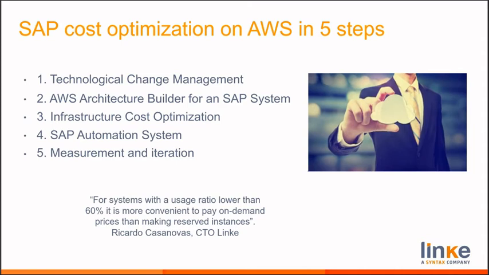Then we can use, as we presented, some automation tools to deploy new instances and sandboxes in minutes. And of course, we have a measurement and iteration path that allows you to constantly make sure that you are on the right track.